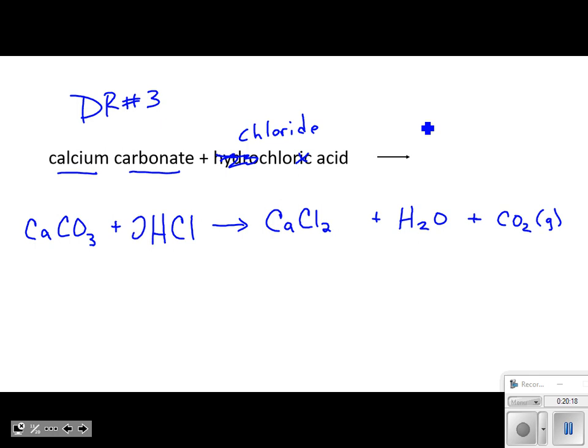So I'm going to put a 2 here to balance up my chlorines. When I do that, that balances up my hydrogens. My oxygens are at 3, carbons at 2. I've got a balanced equation now. Any questions about this one? Well, good.